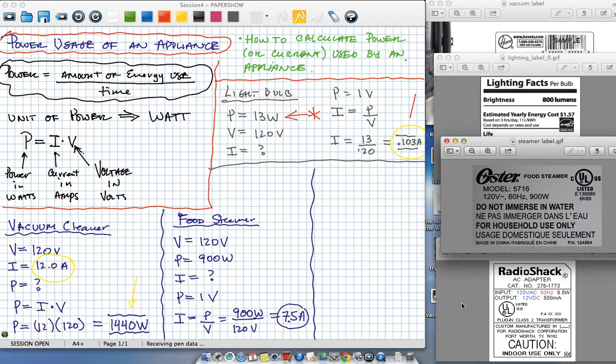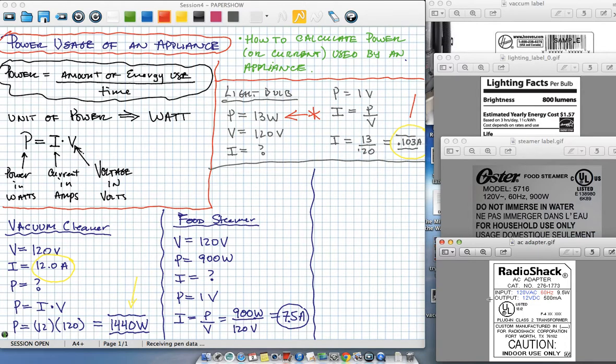Okay, so let's look at this last label right here. It's an AC adapter. Your laptop computers use an AC to DC adapter. What this label tells us is that our input here is 120 volts AC at 60 hertz, and it's 9.5 watts.